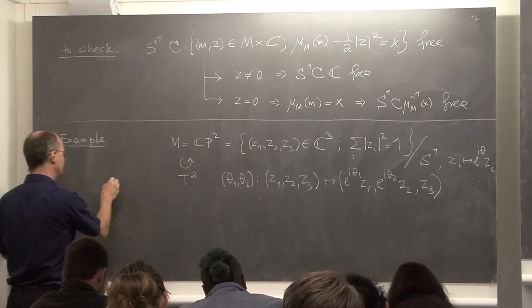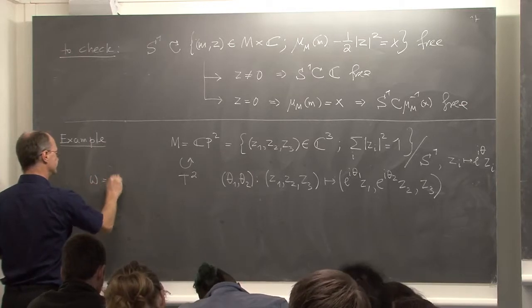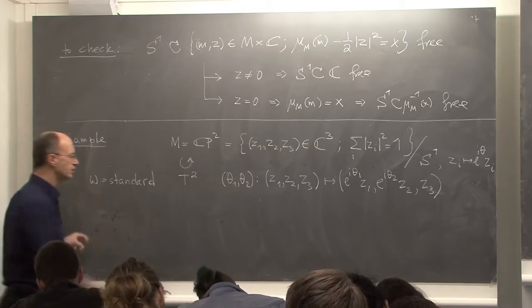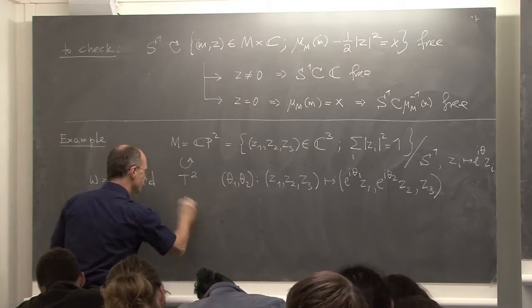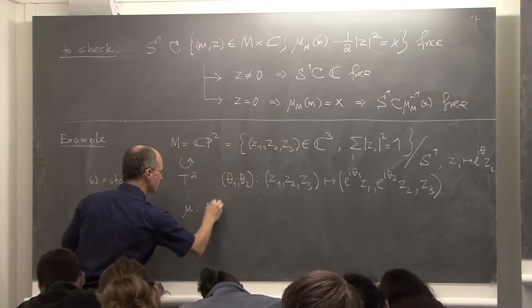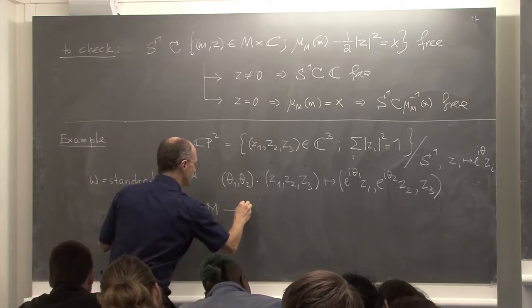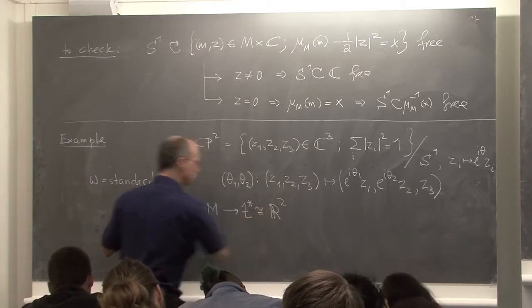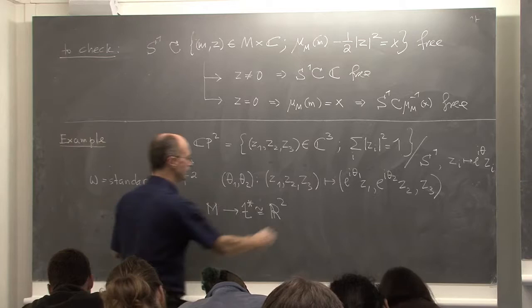There is some standard symplectic form, and the corresponding moment map, mapping M to C star, which is now isomorphic to R2.